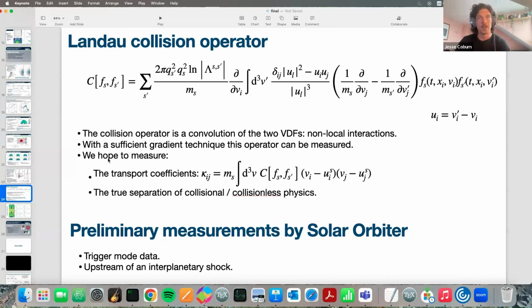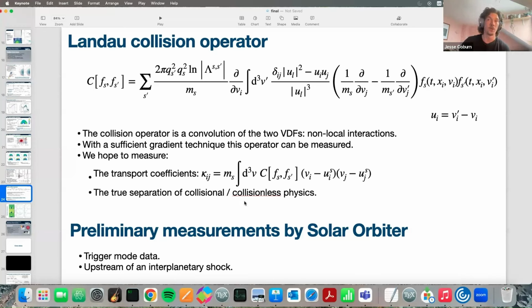Okay, and so my reason for bringing this up is that with a sufficient gradient technique, this operator can be measured, and the analysis technique that I showed you before is that sufficient gradient technique, okay? And so the things that we can then measure once we've measured this collisional operator are the transport coefficients, okay?